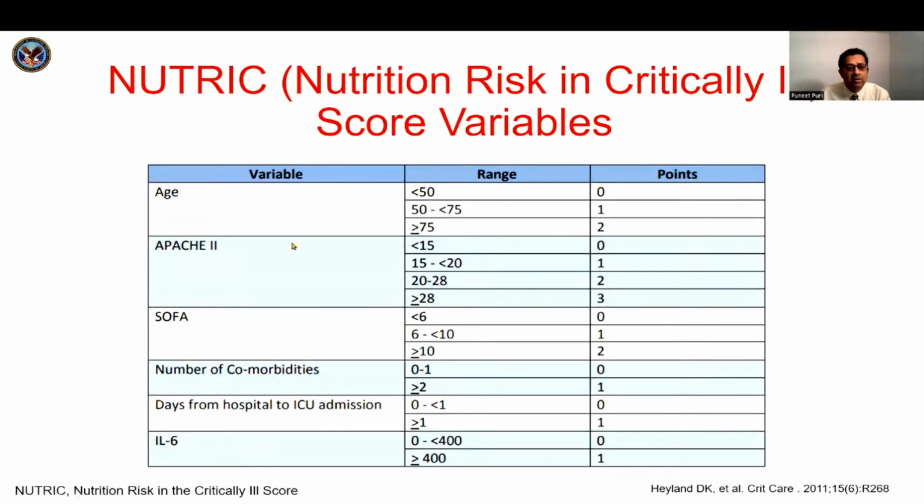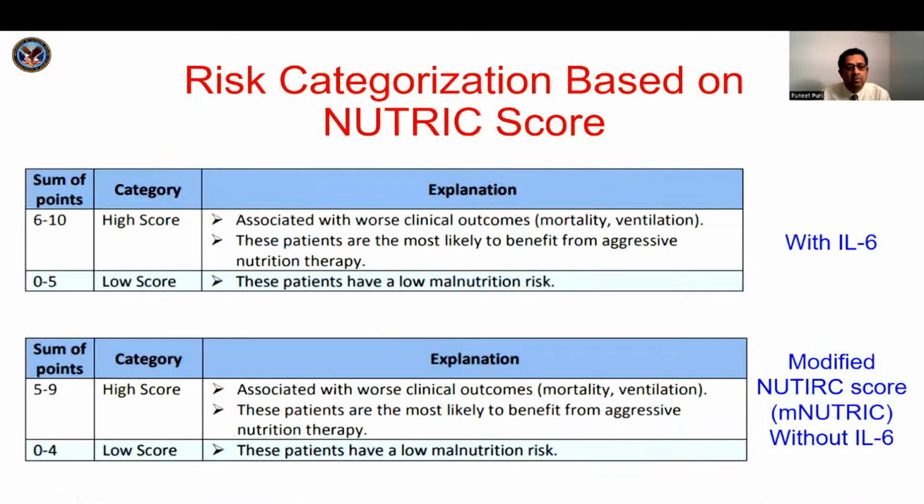The score comprises age, APACHE II, SOFA, number of comorbidities, days from hospital to ICU admission, and interleukin 6, and these categorical scores combined provide two categories. When interleukin 6 is available, a score of 6 and above is a high NUTRIC risk score, and 5 or less is a low NUTRIC risk score.